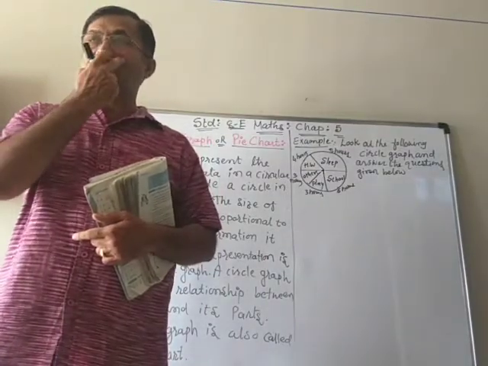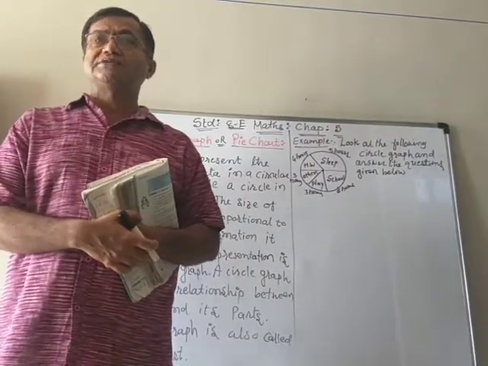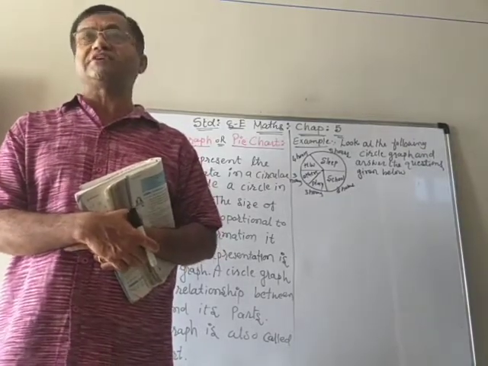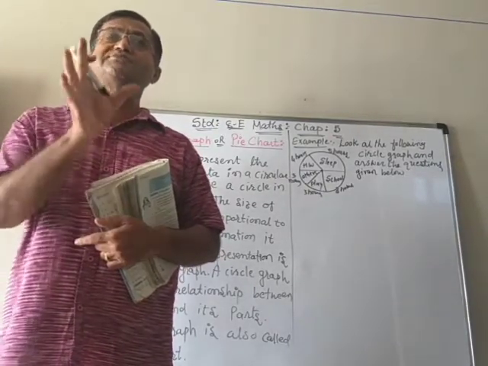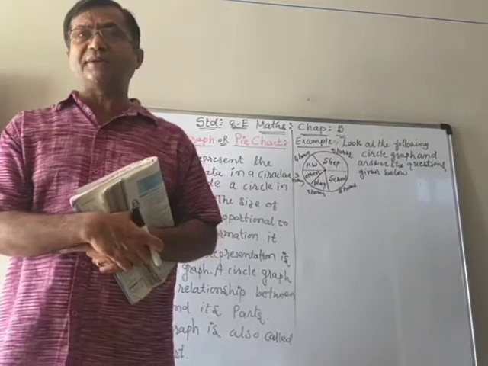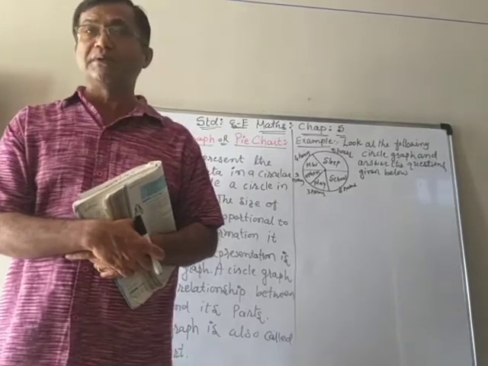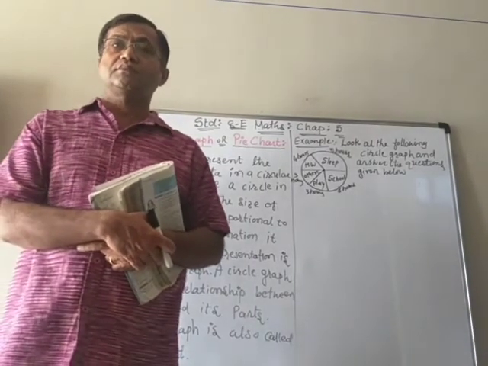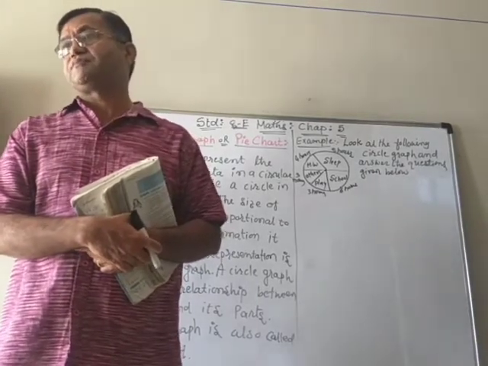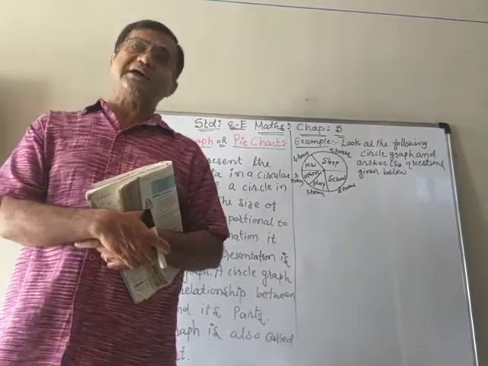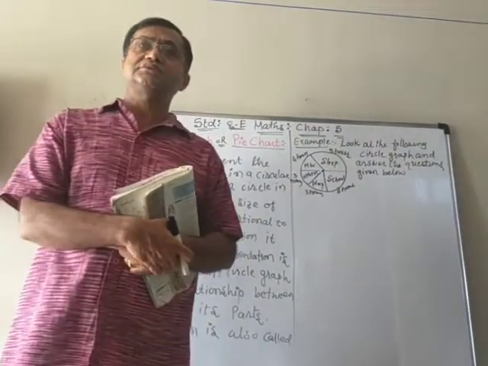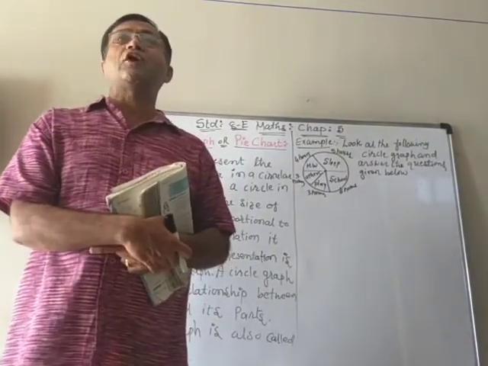If there are more numbers relative to that property, that will have a bigger sector. And if there is less activity or less information, then that sector will be of small size.